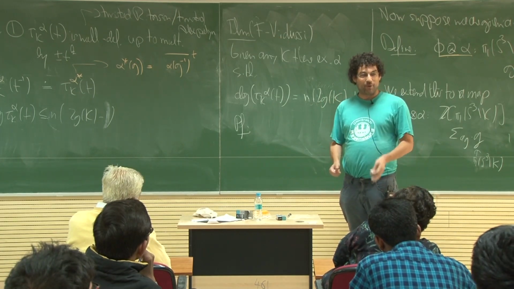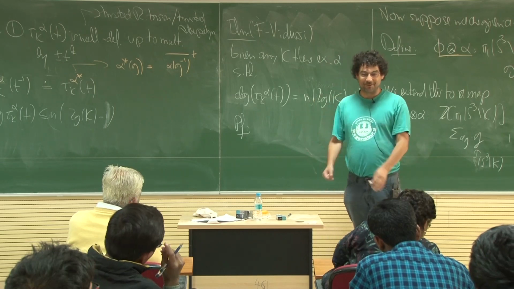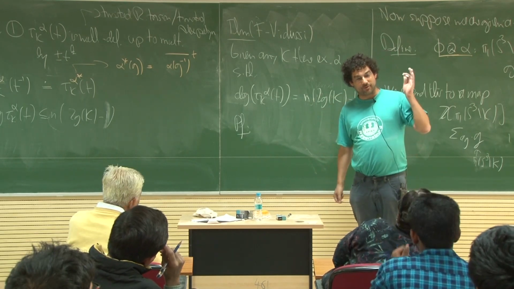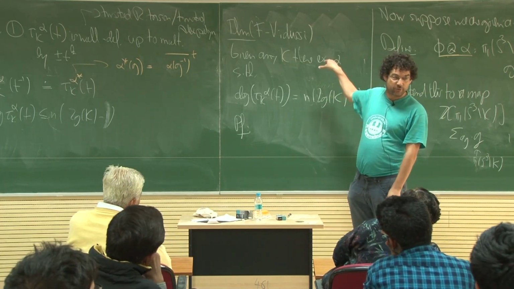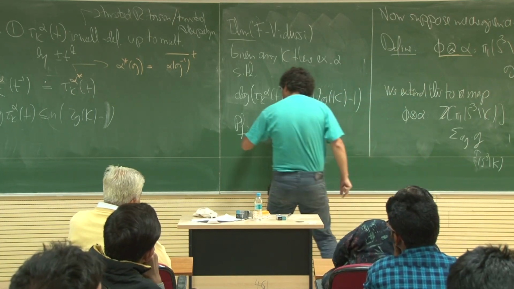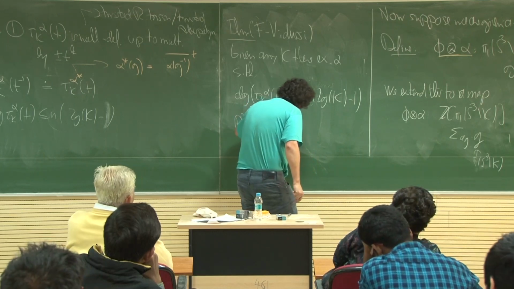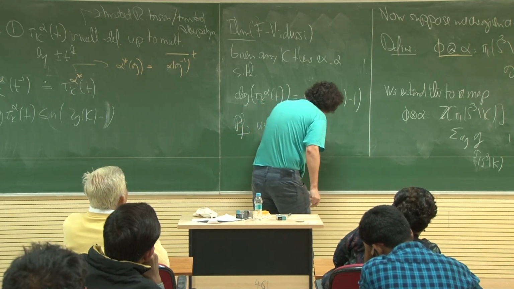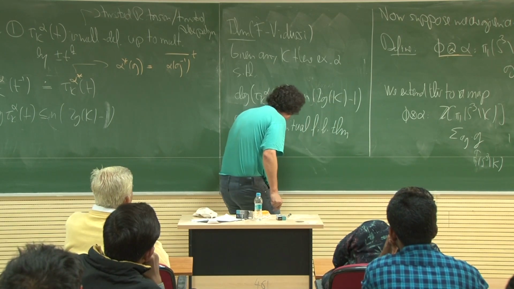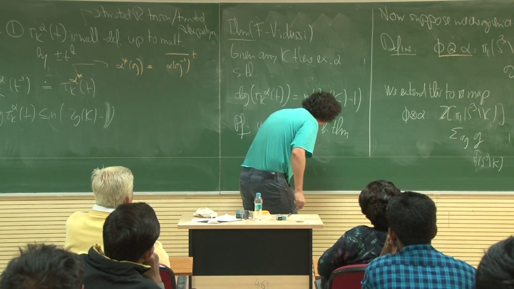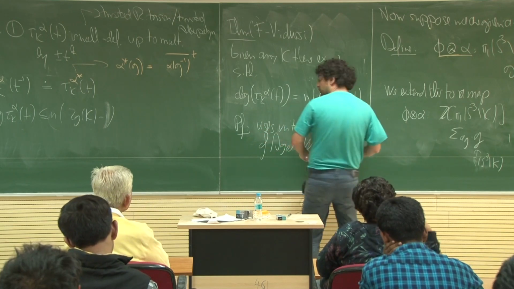And then the third key step in three-manifold topology is the proof of the virtual fibering theorem by Agol and Wise, and that goes into this proof. So it uses the virtual fibering theorem of Agol and Wise.